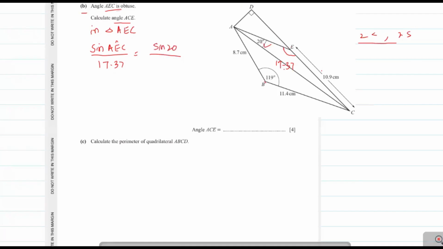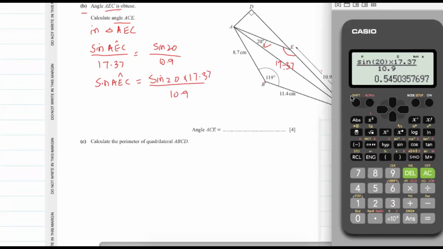The opposite side of this 20 degree angle is EC, and this is 10.9. We can write sine AEC will be equal to sine 20 multiplied by 17.37 over 10.9. This will be equal to 0.545.